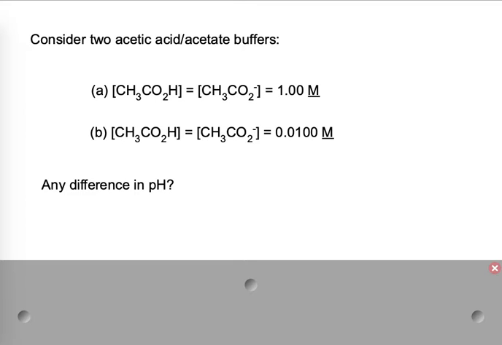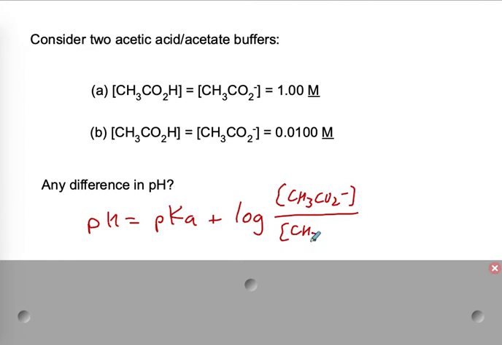Well, we know from either the Ka expression or the Henderson-Hasselbalch equation, pH equals pKa plus the base 10 logarithm of the ratio of the acetate concentration to the acetic acid concentration.